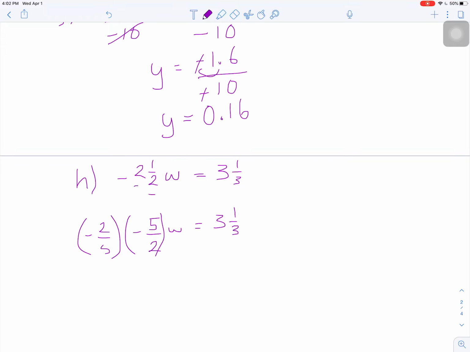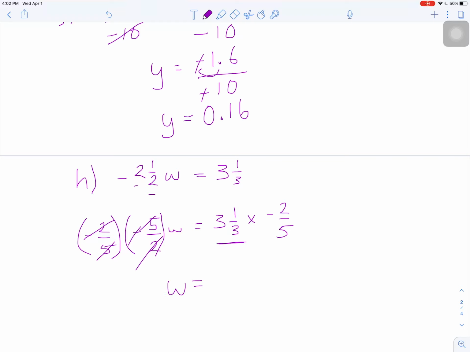So it would be negative 2/5. That means that we'd have to multiply this by negative 2/5. But we haven't changed this one into an improper fraction, so we can't multiply that. So let's put that on the next line. The negatives cancel out, and the 2's cancel out.